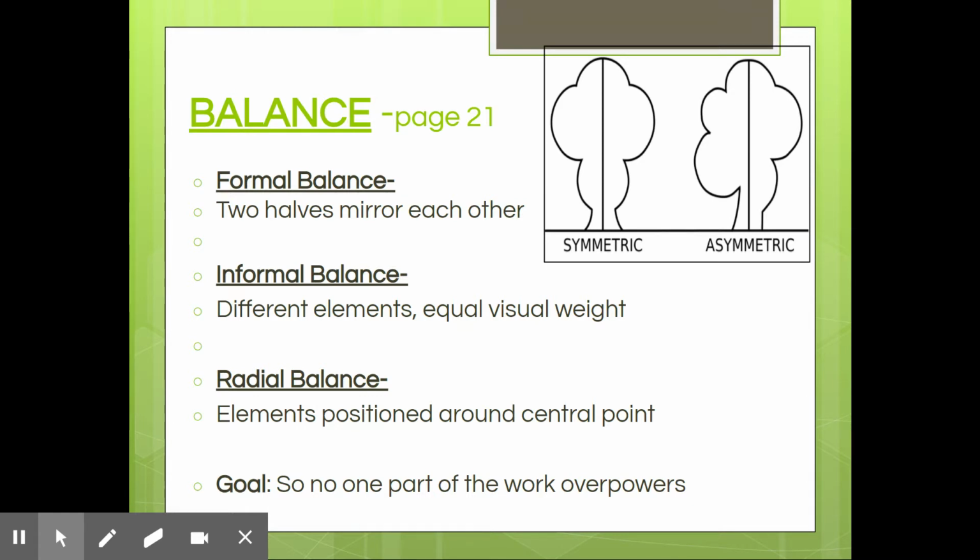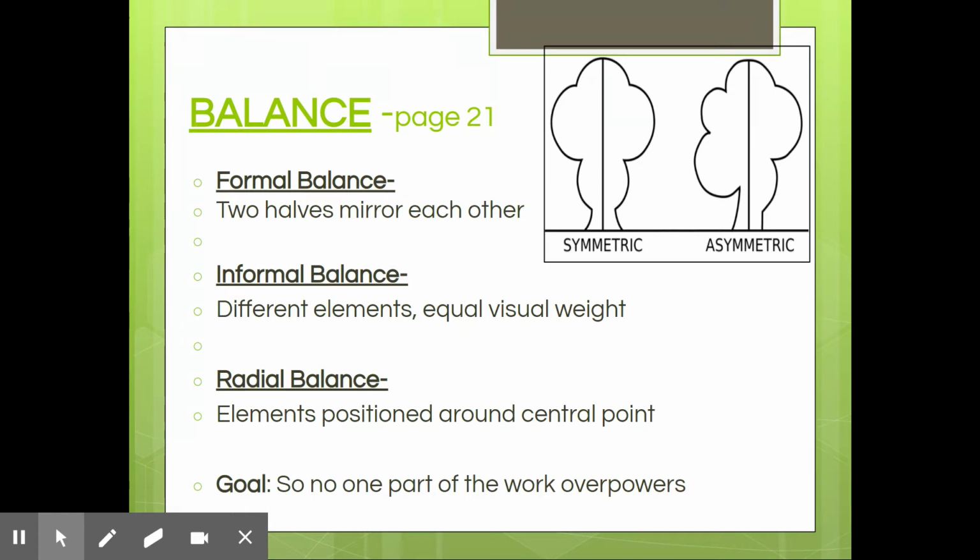Now there are actually 3 different types of balance: formal, informal, and radial. Once you understand these 3 types of balance, you may realize that you have learned at least 2 of them by another name. When we learn about formal balance, we discover that this is when 2 halves of an artwork mirror each other.